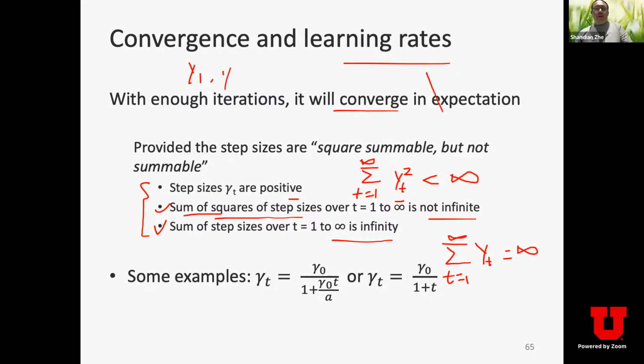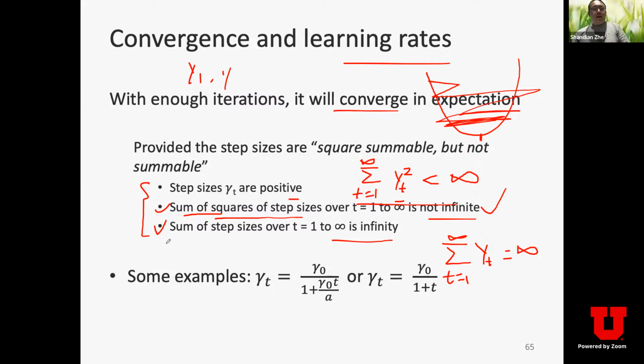Suppose this is your function and you want to arrive here. If you do stochastic gradient descent, this condition requires that you're not going to jump too wild. If you're jumping too wild, you could be jumping around forever and never stop at the local minimum. That's basically what this condition says.